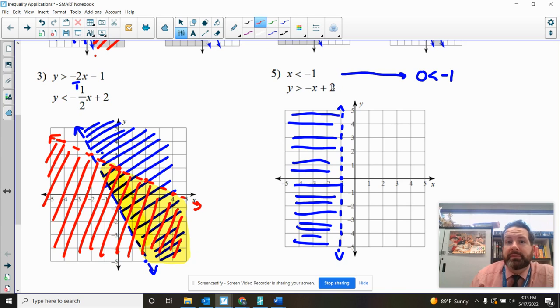Let's now do the second one. Start at a height of 2. The slope is negative 1, so it's like negative 1 over 1. So down one, right one, down one, right one, or up one, left one, up one, left one. This again doesn't have an equal, so it'll be a dashed boundary line.